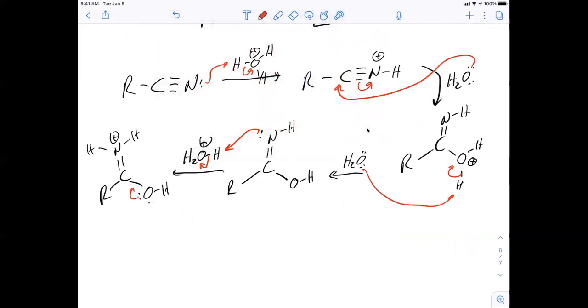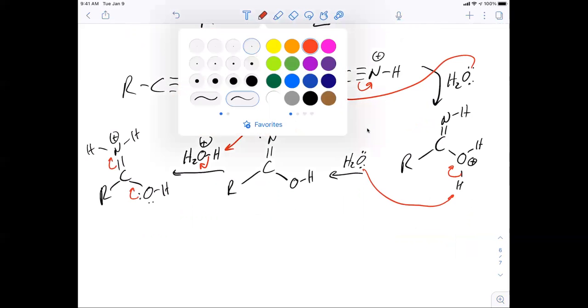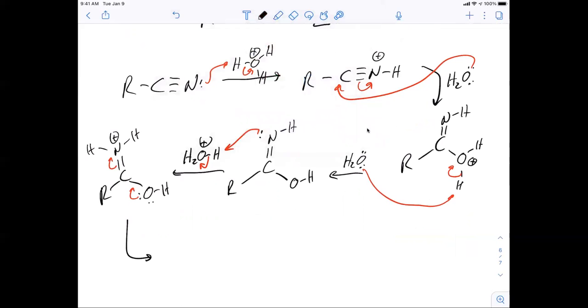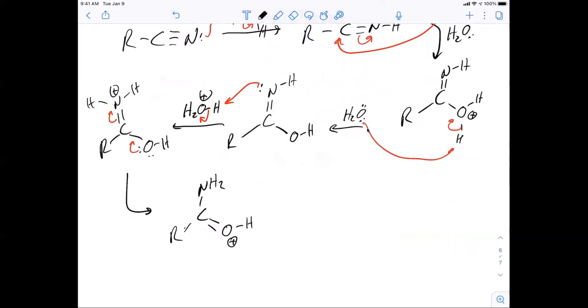And then lone pair on the oxygen comes down to create the more stable species. And we get right there. And that's where it intersects with the amide hydrolysis.